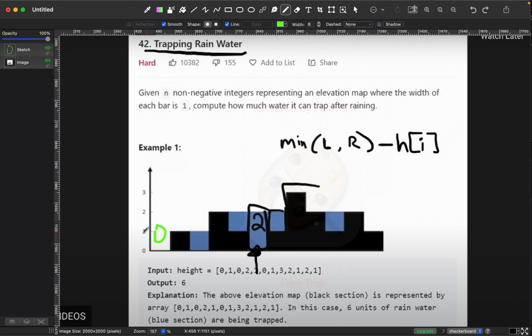My left side is 0. My new left side, so here's 0, right? Here is still 0. Here it's 1.